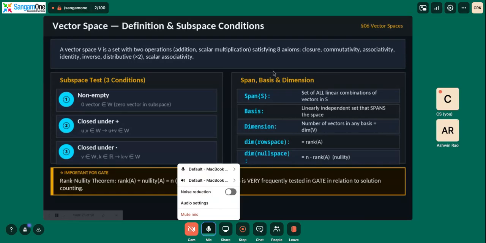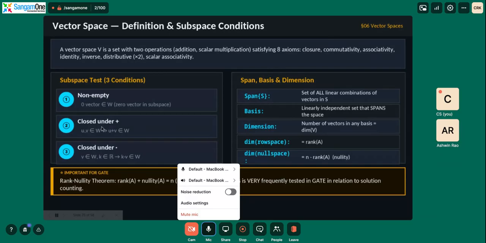Closure means, if you consider vector u and vector v which belong to the set W, then their sum must also belong to the set.